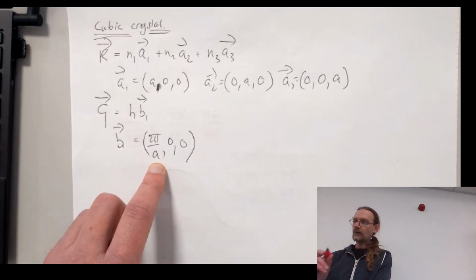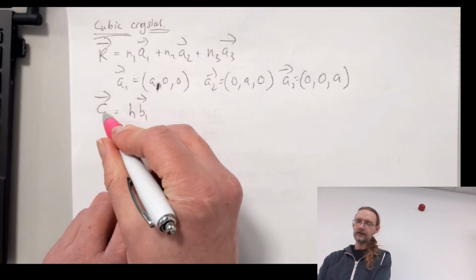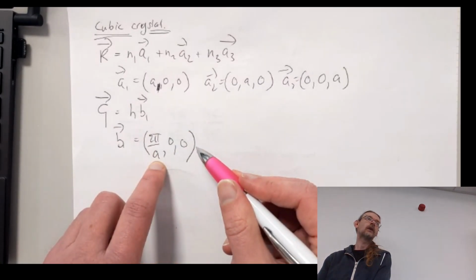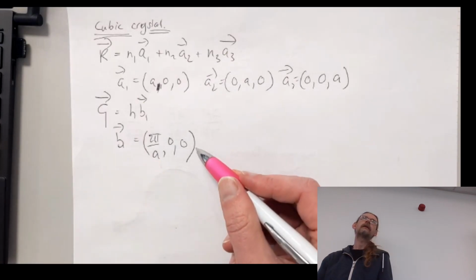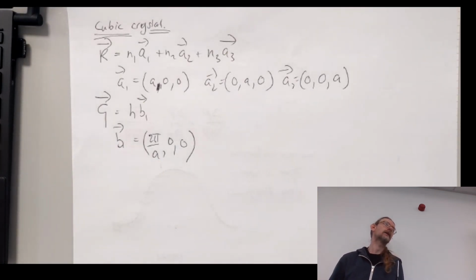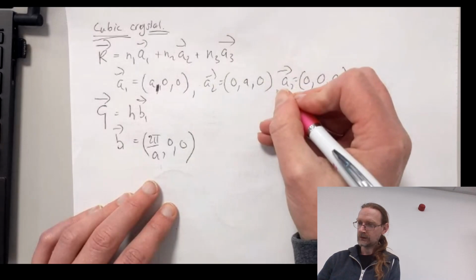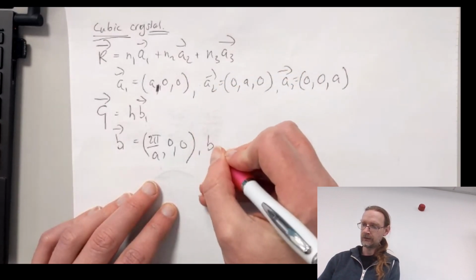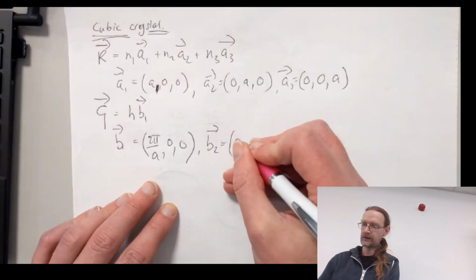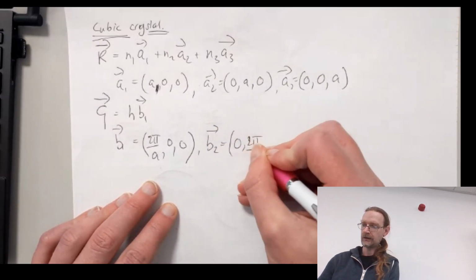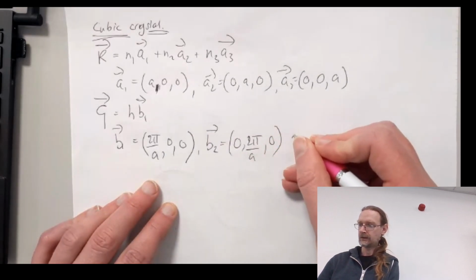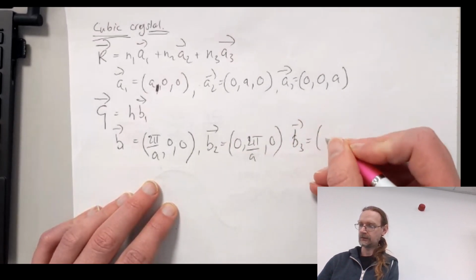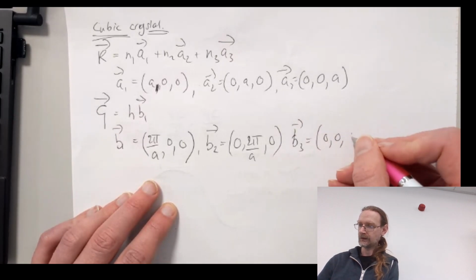We defined our G vectors to be the ones that give 2 pi when we dot them together. I did give a formula with a cross product and a triple product, which was a recipe, but for cubic ones you can just see what they should be, by inspection. And b2 is going to be the same: 0, 2 pi upon a, 0. b3 is 0, 0, 2 pi upon a.